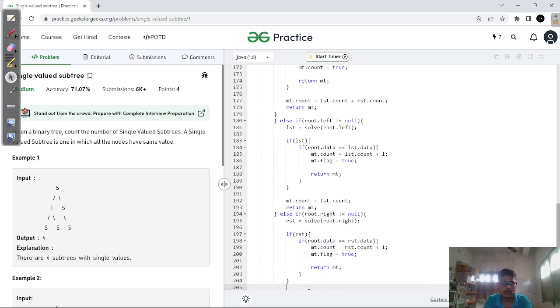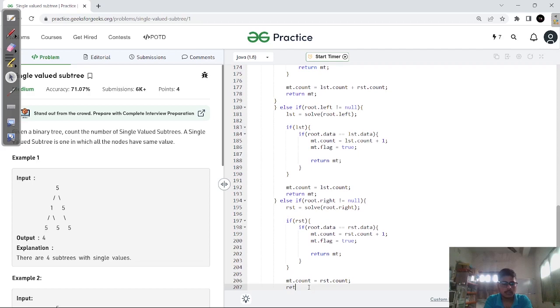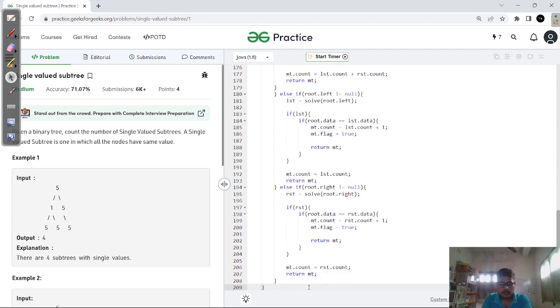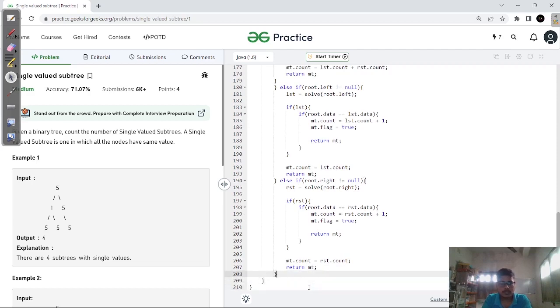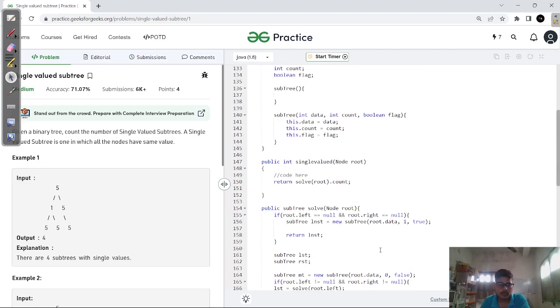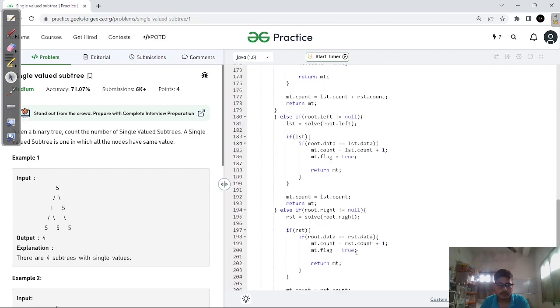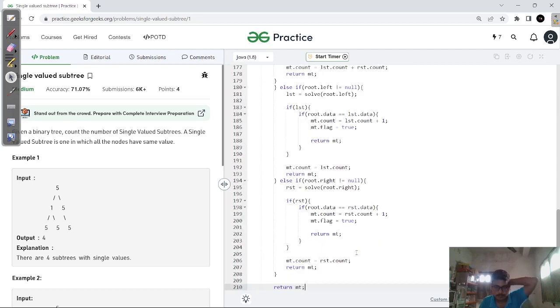Else I will just calculate my count as right subtree's count, right, and I will just return my tree. So this is the case. If all the conditions failed, I will just return my tree. I hope it's done. I hope all the cases are calculated.